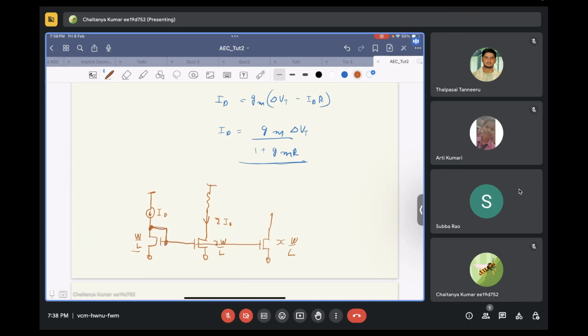Based on the ratio of the aspect ratio of this transistor to that transistor, the current will be copied in that ratio. So the ratio is X, and the current copied will be X times I naught. Okay, okay.